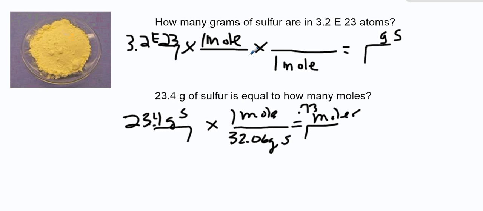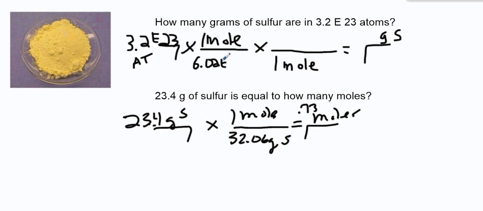Now this is atoms here, and I'll just abbreviate that as AT for atoms, just to save a little bit of space. Well, I know this is a very large number, so this has to be associated with the 6.02 times 10 to the 23rd, because that's how many atoms are in 1 mole.